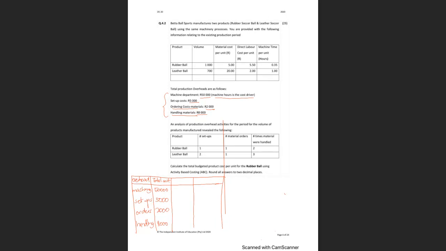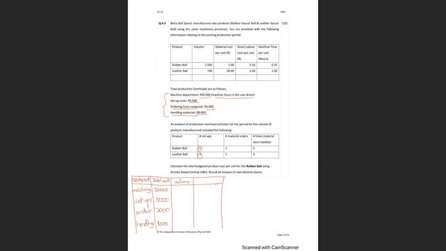In terms of the volume, as I said to you, you need to do a little bit of working out for the first one. But for your setups, your orders and your handling, it's pretty straightforward. So let's do the ones that are straightforward first. For your setups, it's 1 for rubber ball and 2 for leather ball. Collectively, you're going to add them, and that gives you your total volume.